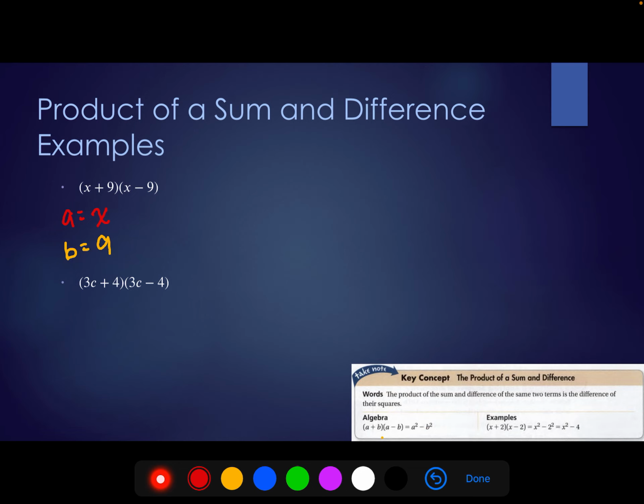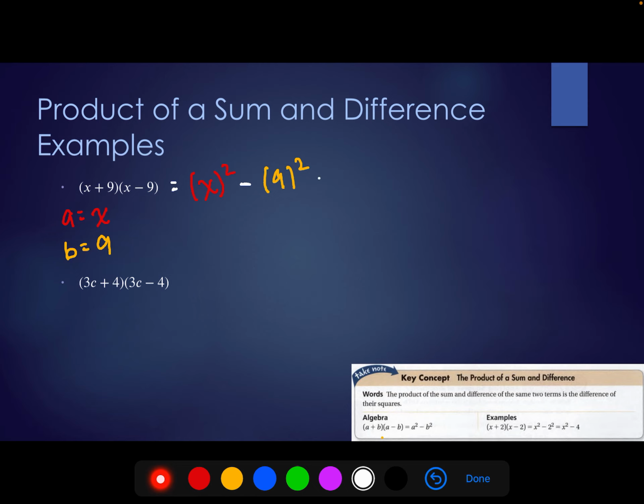So this is equal to our a squared. Remember we said our a was x, so this is x squared minus, it's always going to be minus, our b squared. And here our b was 9, so we just have to do 9 squared. Now from here we can just simplify.